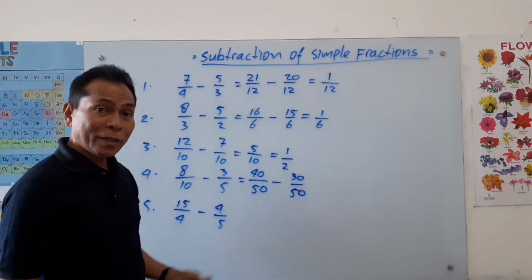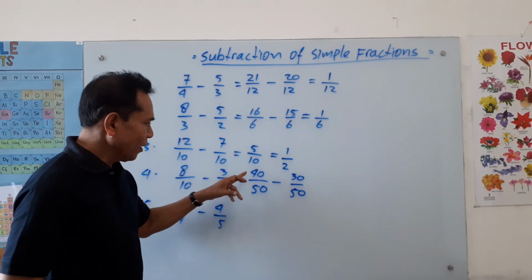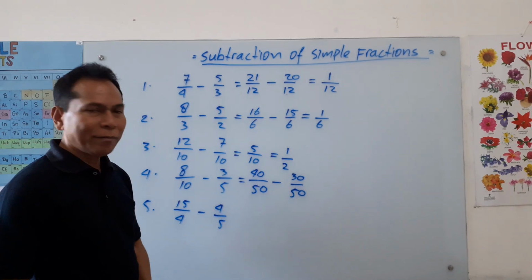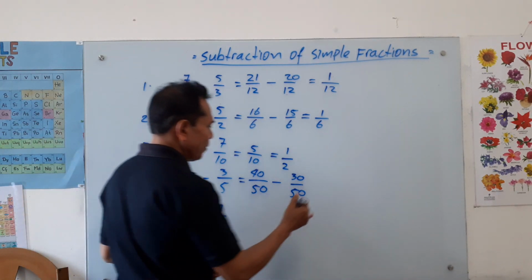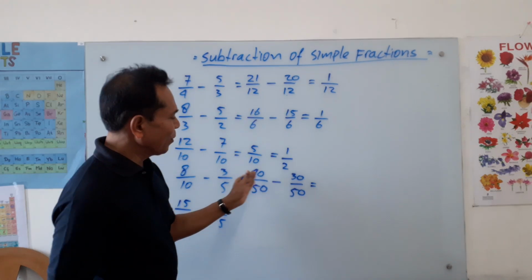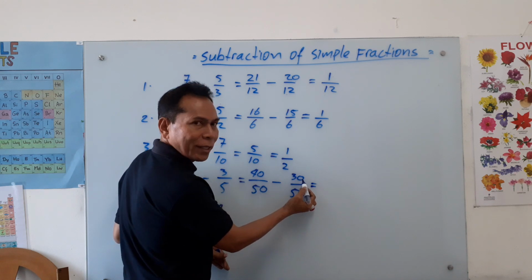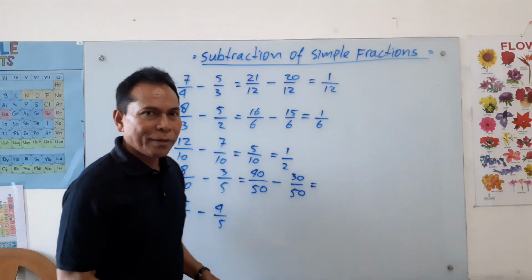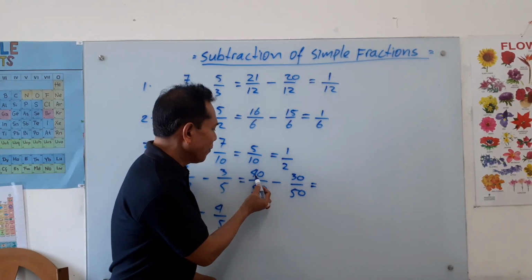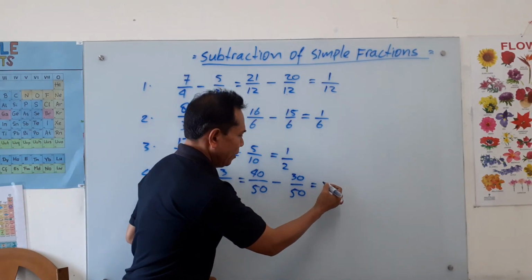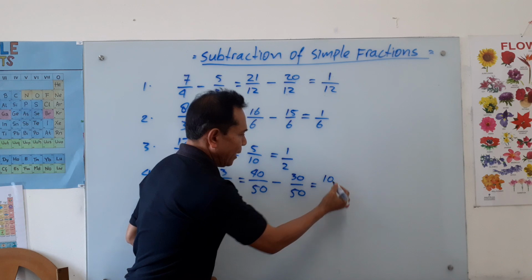Alright, it's done. Okay, 40 over 50 minus 30 over 50. It's finished. You only need to subtract. So 40 minus 30. Okay, children, pay attention here. 40 minus 30 is 10.